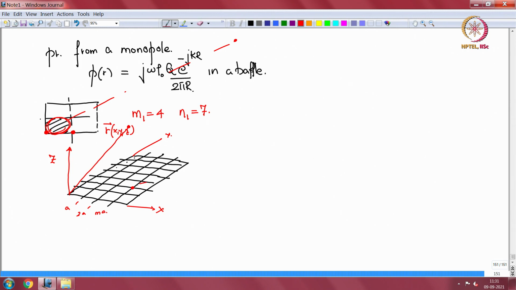This cell is located here. The distance from the transmitter to the receiver, that distance is capital R. In this direction we have 1b, 2b and nb. Now what is R? We will need R, right? What is R?